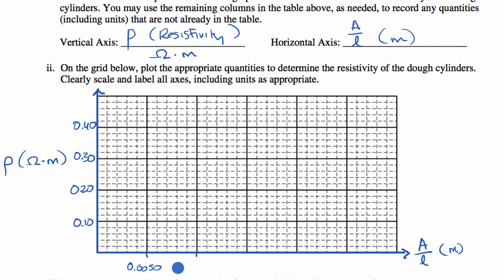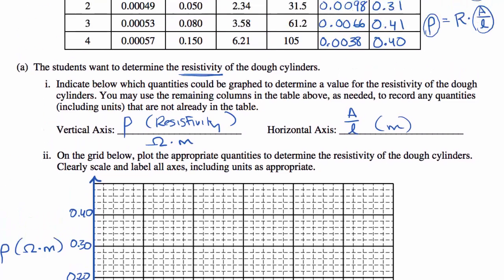This would be 100 10 thousandths, 0.0100. This would be 150 10 thousandths, 0.0150. And this would be 200 10 thousandths, 0.0200. And this would be 250 10 thousandths. All right, I think I have my scales right. So now we just plot our points.